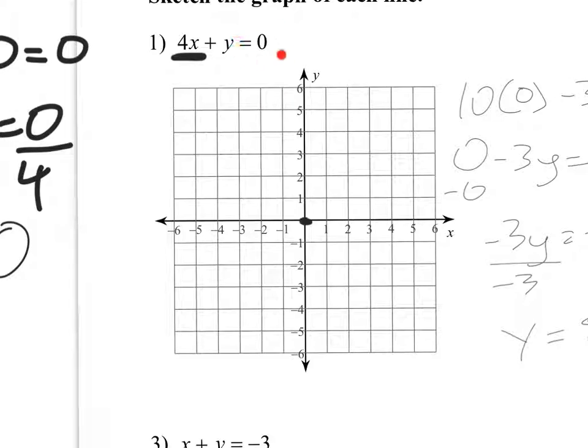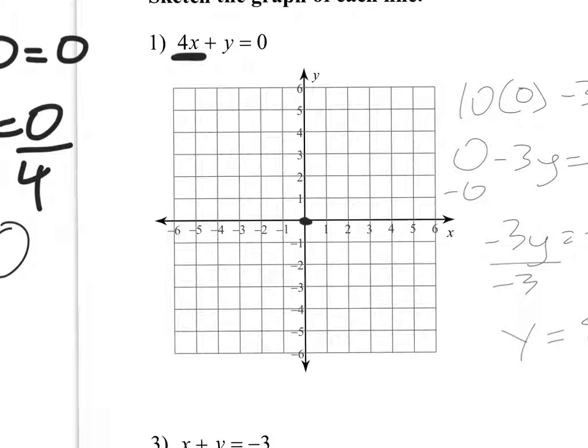Whenever my equation equals 0, my intercept is going to be the origin. Now I've got something to deal with, because I can't make a line from just one dot. I don't know if it slants this way or that way, because all I know is that it goes through that dot.